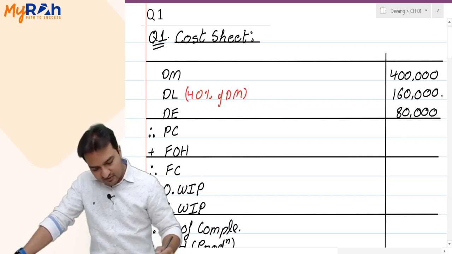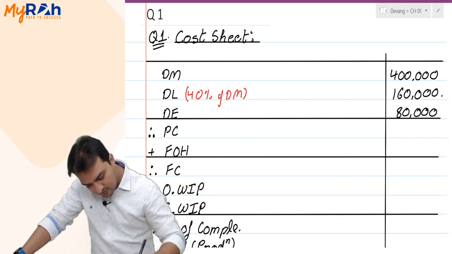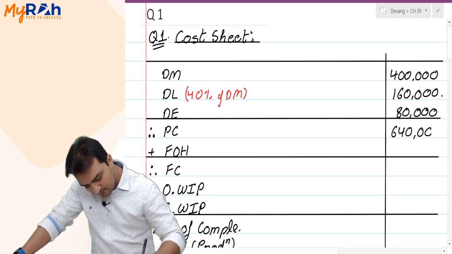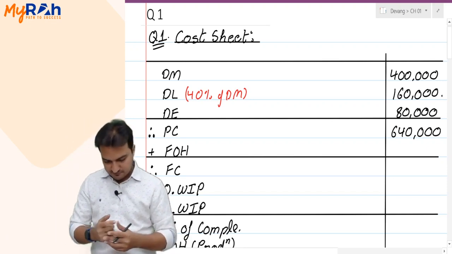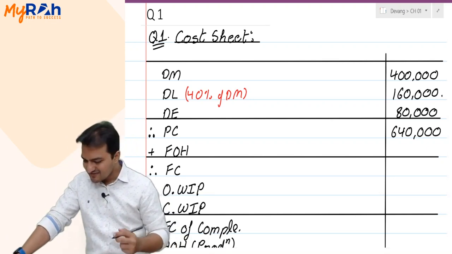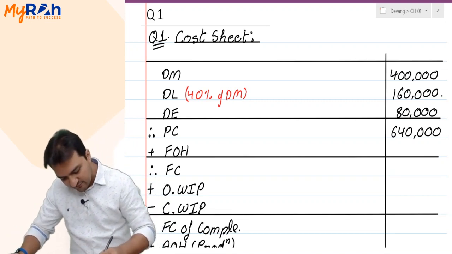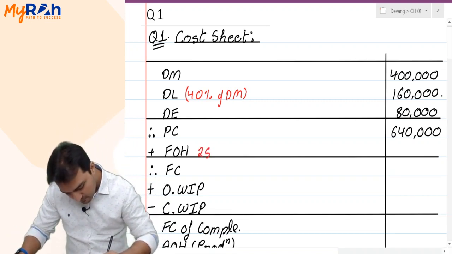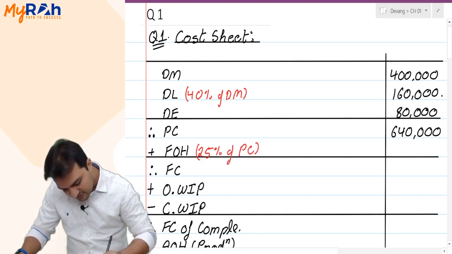Total of that will give me the prime cost. So total 560 and 80, that is 6 lakhs 40,000. Plus factory overheads. It says 25% of the prime cost.